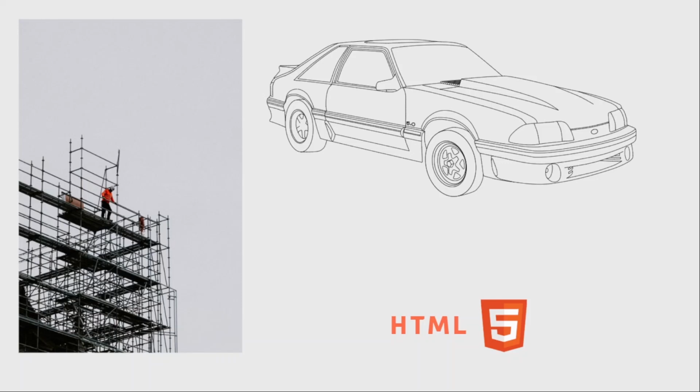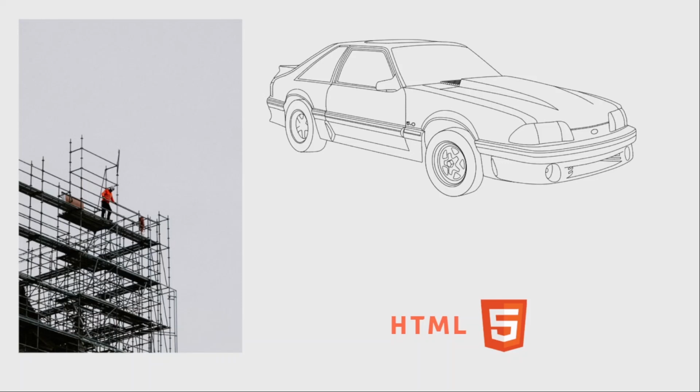This is a drawing of the car. It does not have any color or any functionality, but this is the structure of the car. First of all, we create the structure of anything, whether it is a building, a car, or any other example.